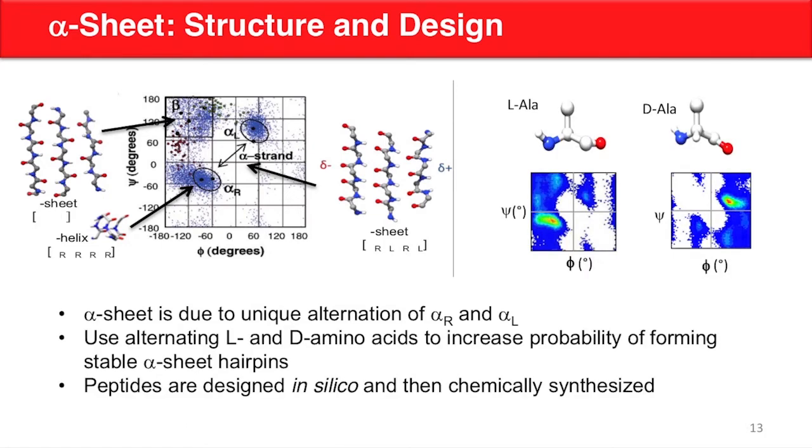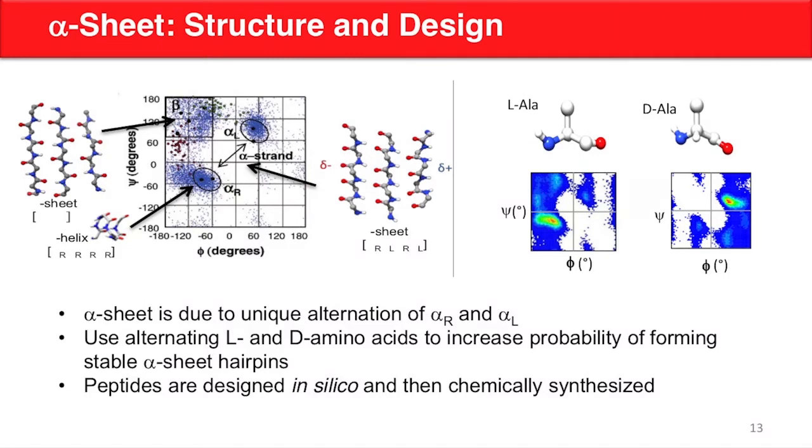And so the overlay shows the maps you get if you have left-handed alanine versus left and right-handed alanine, L and D amino acids. When you have the alanine in the L form, the normal form, it's populating primarily the alpha R region, whereas when you use the mirror image, the D form of the amino acid, you're populating up in the upper right-hand quadrant, the alpha L quadrant, which is relatively difficult for L amino acids to adopt stably.